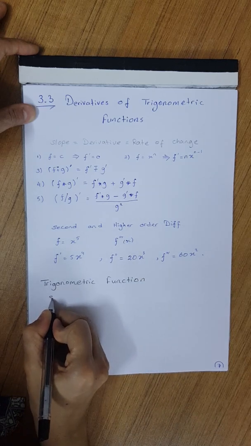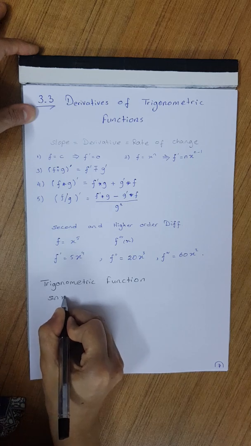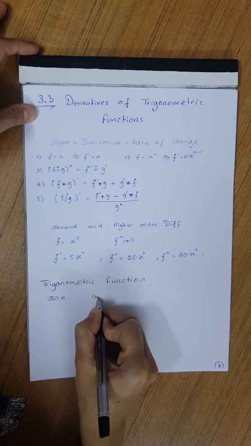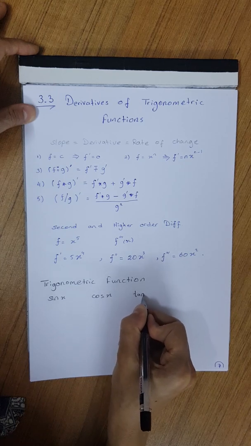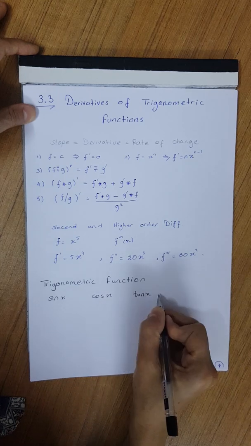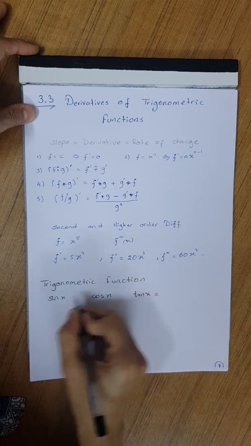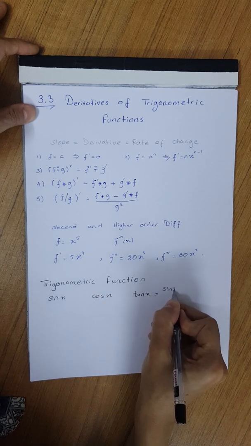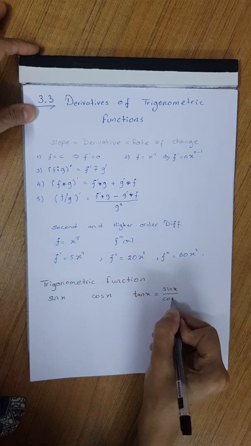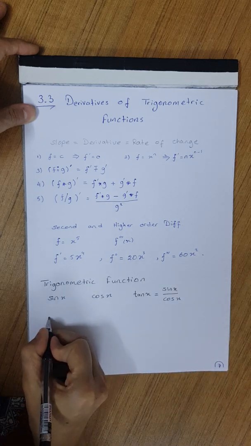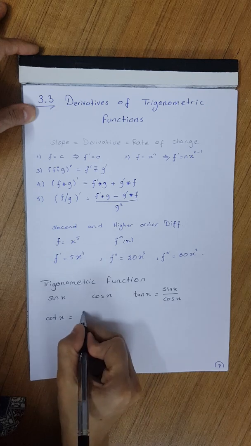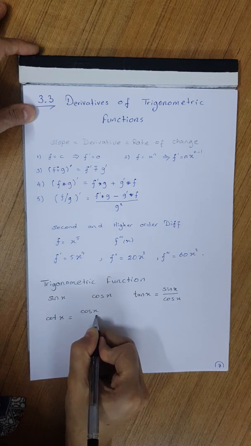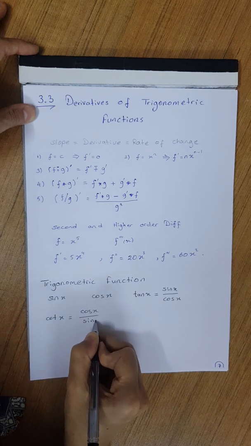The first one is sine of x, and then we have cosine of x, then we have tan of x, that's tangent of x, that's equal to sine x over cosine of x. Then we have cotan of x, cotangent of x, that's equal to cosine of x over sine of x.